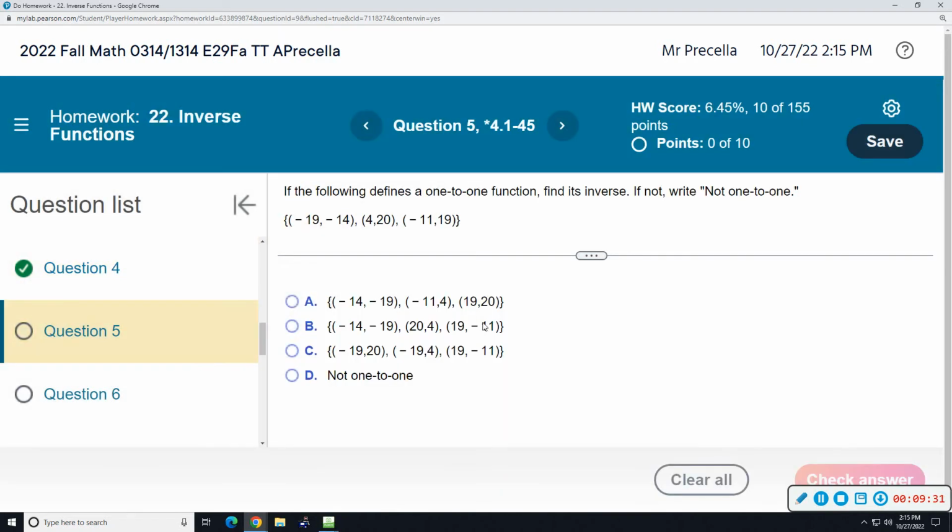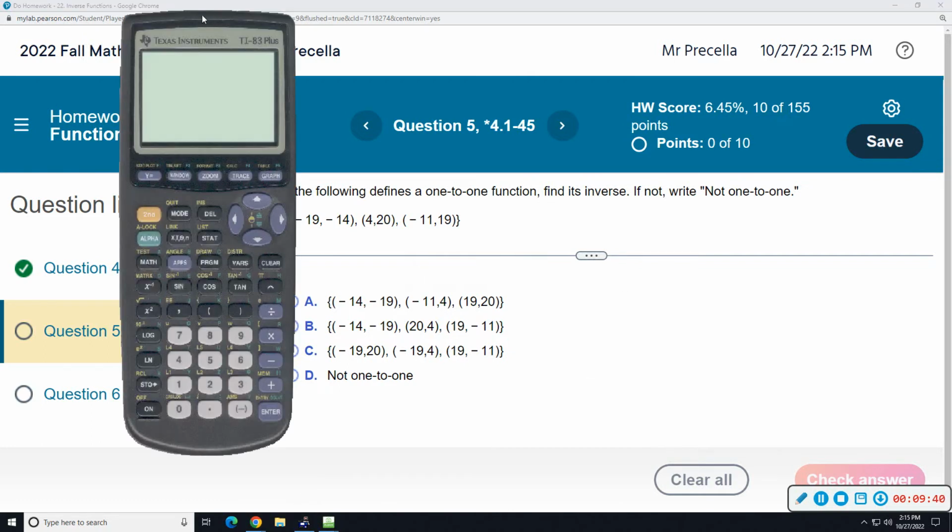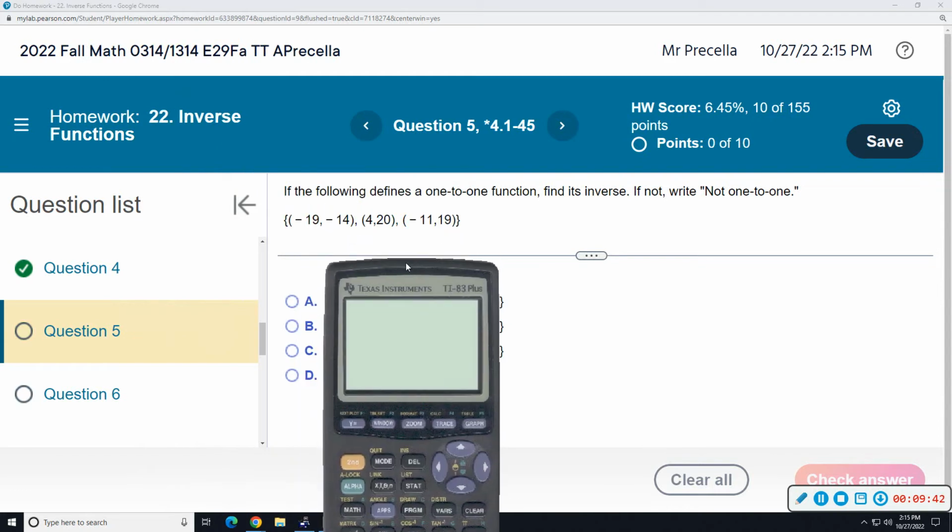What about number 5? If this function defines a 1-to-1 function, then they want us to find the inverse. If it's not 1-to-1, they want us to select not 1-to-1. First of all, we may as well confirm that it's 1-to-1. 1-to-1 means there's no repeated y values. What do y'all think?